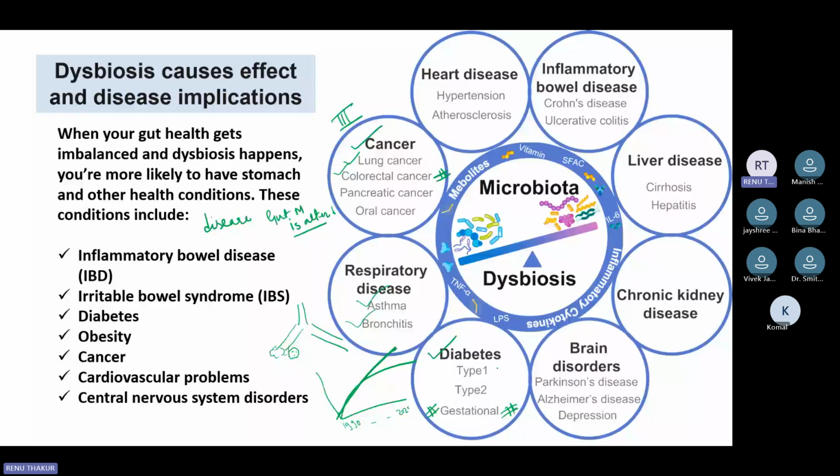Now brain disorders, how can we see them? Because our gut is controlling the MGB, the microbiota-gut-brain axis. Through this we can expect Parkinson's disease, Alzheimer's disease, depression, anxiety, stress, all those things if you have an impaired gut microbiome composition.